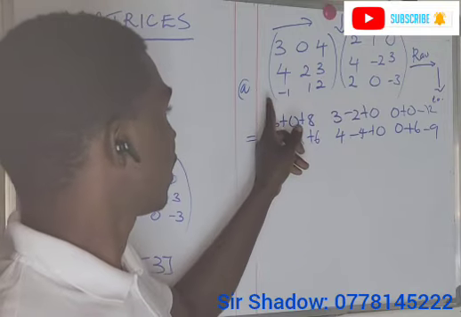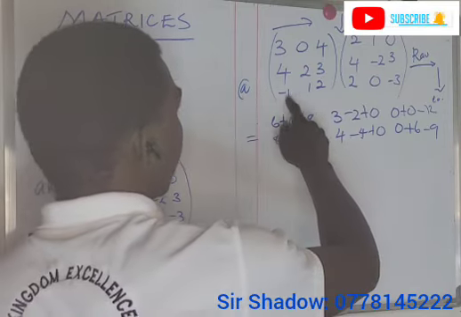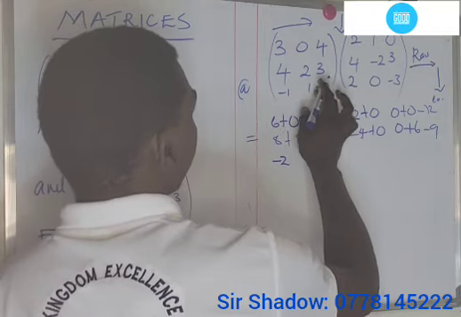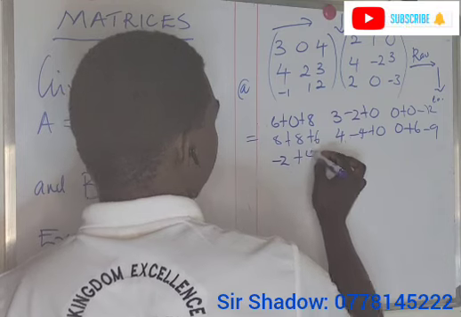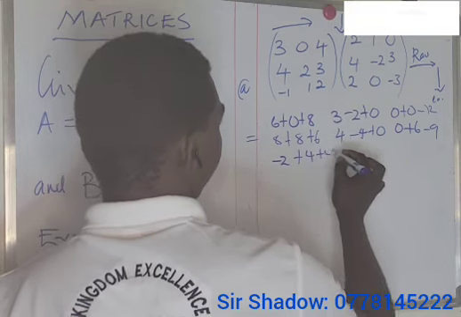Then let's move on to the last row, first column. Negative 1 times 2 becomes negative 2, then 1 times 4 becomes plus 4, and 2 times 2 becomes 4.